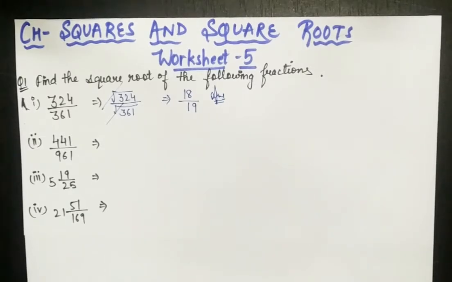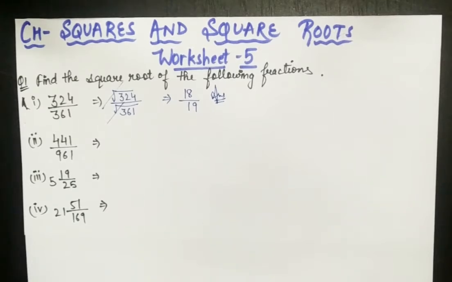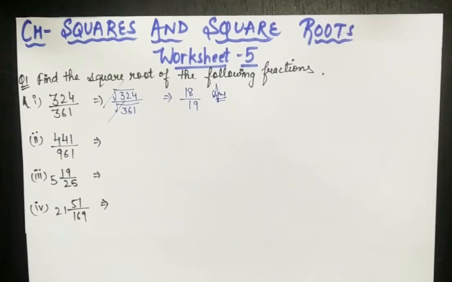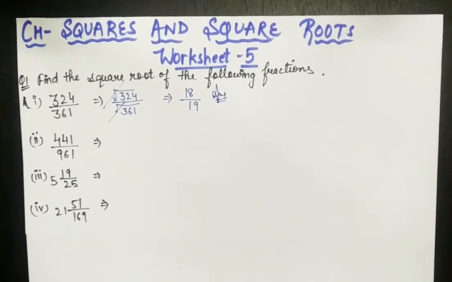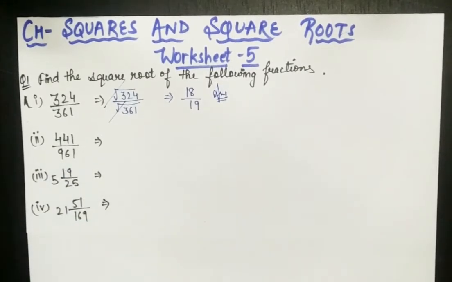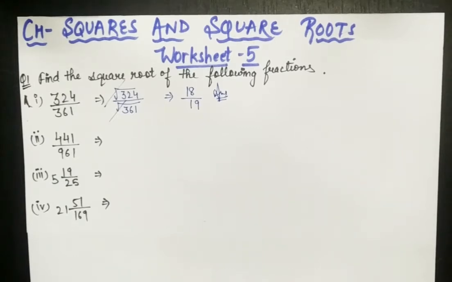For this, I have told you many methods like prime factorization and long division. By long division you can easily find the square root of these two. I know the square root of this, so I am writing that only. But if you don't know, you can simply use the long division method to find that.